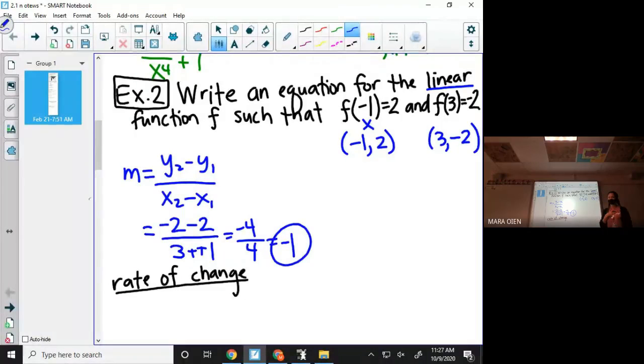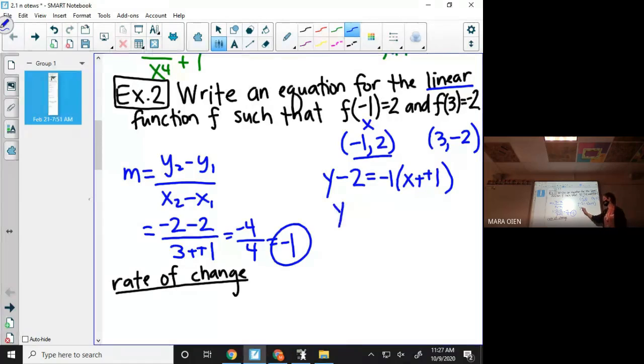I personally prefer, even though I just said get in y equals mx plus b form, to write it in point slope form, meaning y minus, I'm going to use this first order here, my y value equals my slope times x minus my x value. I am not done here. I have to solve for that.